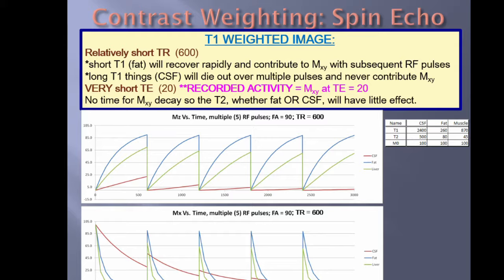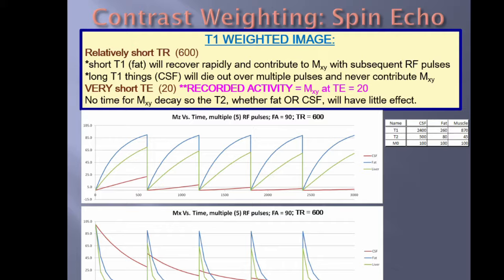Okay, that's MZ. Now let's look at MXY. Notice how these curves sort of morph a little bit more over time. We start to get an idea for what the equilibrium is going to be by the end, right? Because for the first one, the CSF is way higher, and that's just because it's the first one and there was a ton of signal around. But as CSF dies out, in terms of its longitudinal recovery, it won't contribute basically at all to the last image.